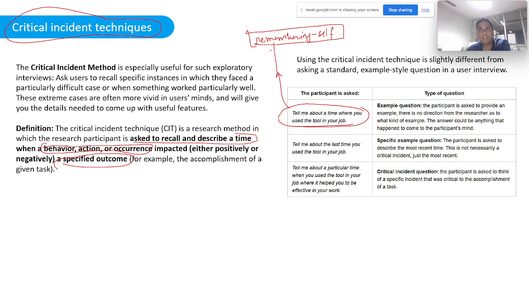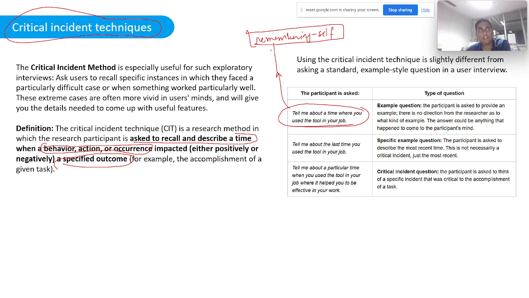Okay, so the difference from a contextual inquiry, where we actually see a particular incident happen in real time, is that the problem with interviews is that often those intricate details are missed.